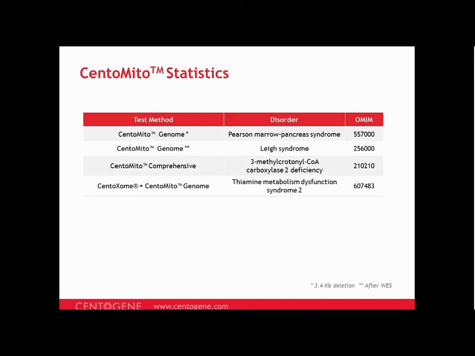So this is the advantage of Cento Mito Genome, because it has 100% coverage of mitochondrial DNA and at least 1,000 reads. Also, you see other examples where we made diagnoses like 3-methylcrotonyl-CoA carboxylase 2 deficiency and thymine metabolism dysfunction syndrome 2, which were also diagnosed together with whole exome sequencing.